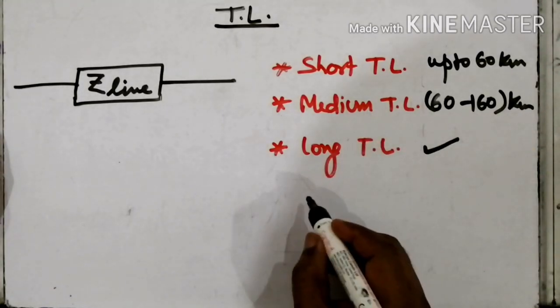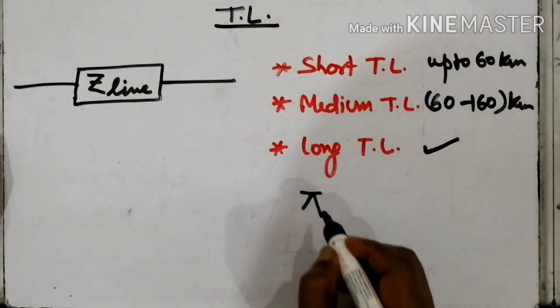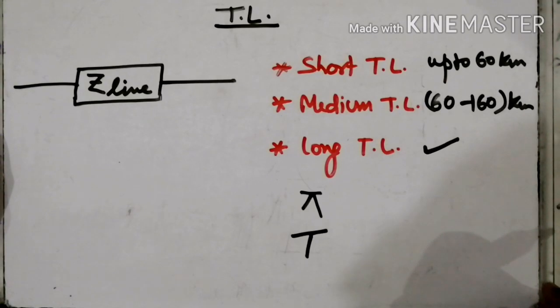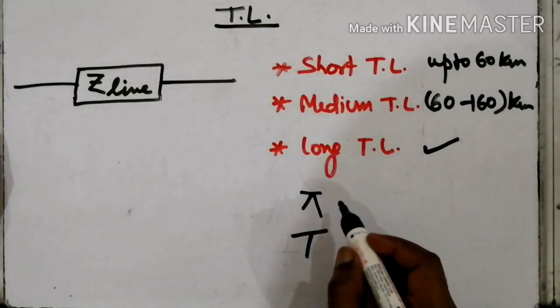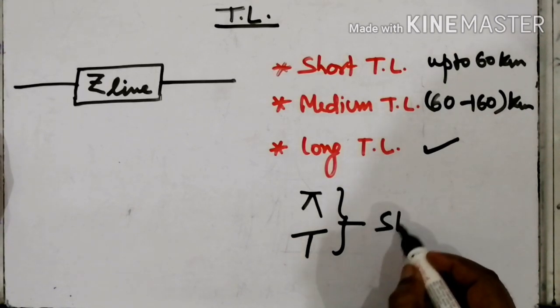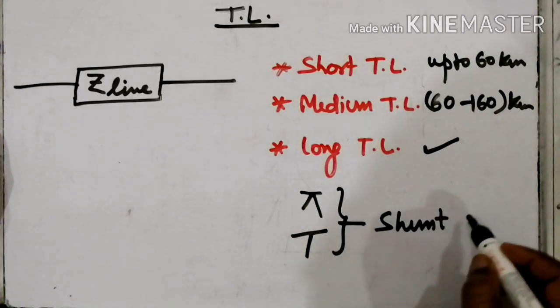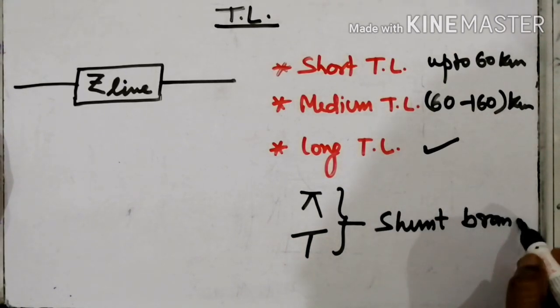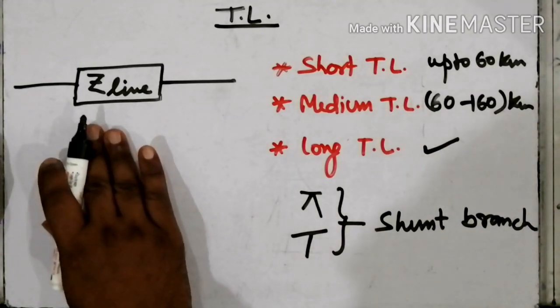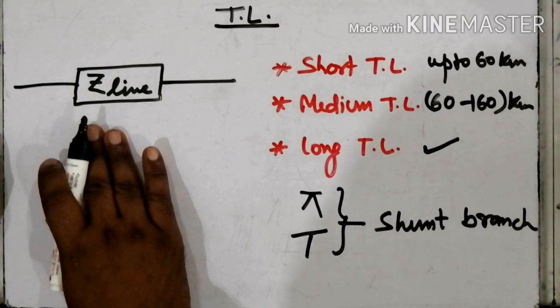These lines are further categorized as pi model and T model. See, there is some shunt branch, but here we are neglecting the shunt branch. Why is it so?